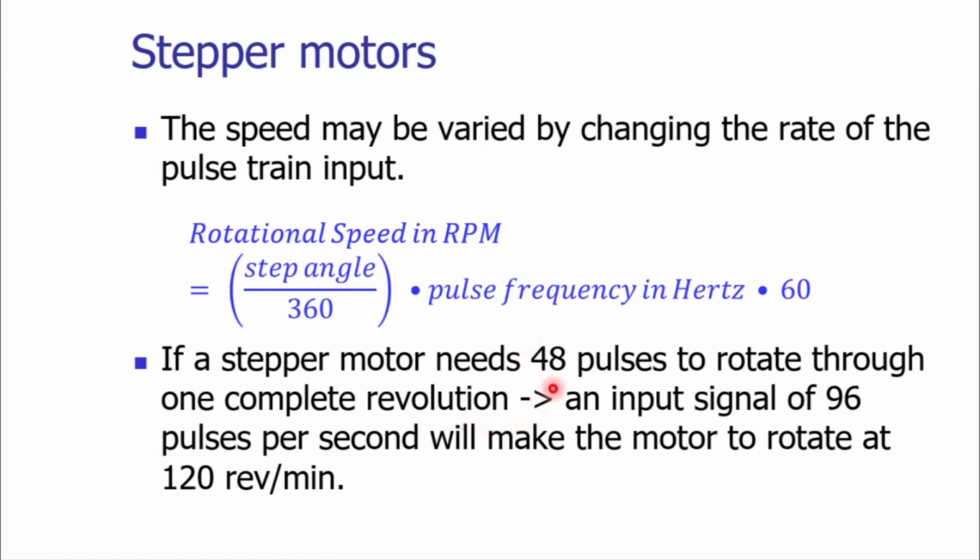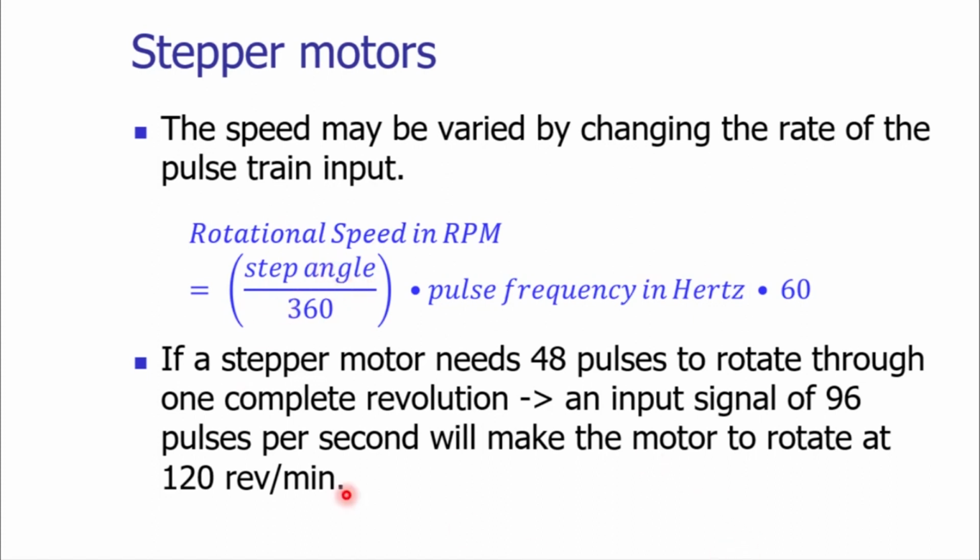So when we apply 48 pulses, the shaft will complete the revolution of about 360 degrees. So for one pulse, it would be around 7.5 degrees. So that is the step angle. 7.5 degrees is the step angle.